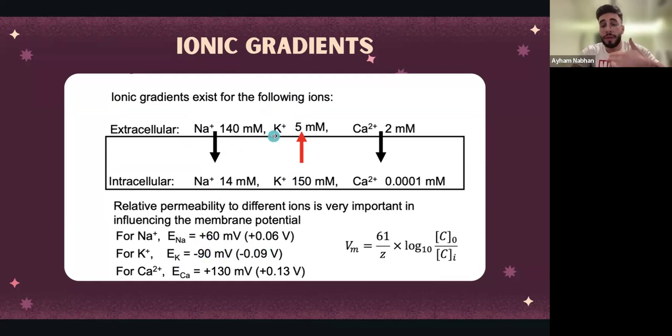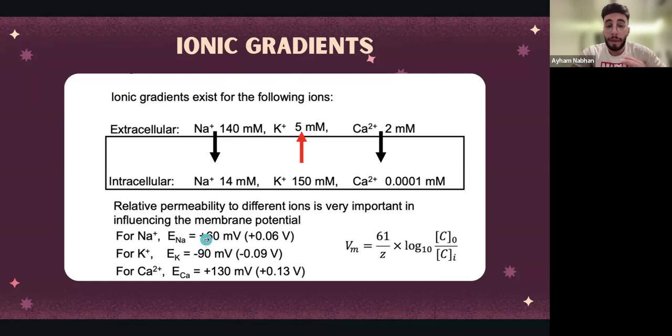I'm going to give you a question that might come. You have a cardiac cell which is 50% permeable to sodium and 50% permeable to potassium. Basically, you multiply the equilibrium potential of each ion by its permeability. Sodium is 60 times 0.5 because it's 50%, which gives us 30.